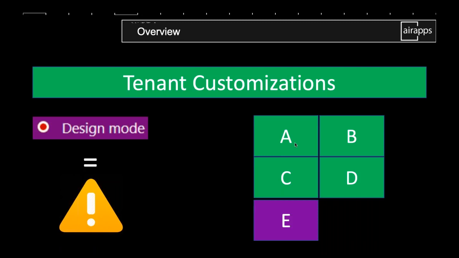This extension that appears from design mode creates dependencies on extensions that are already installed there. And when you try to uninstall A or D, in that case you will get an error.